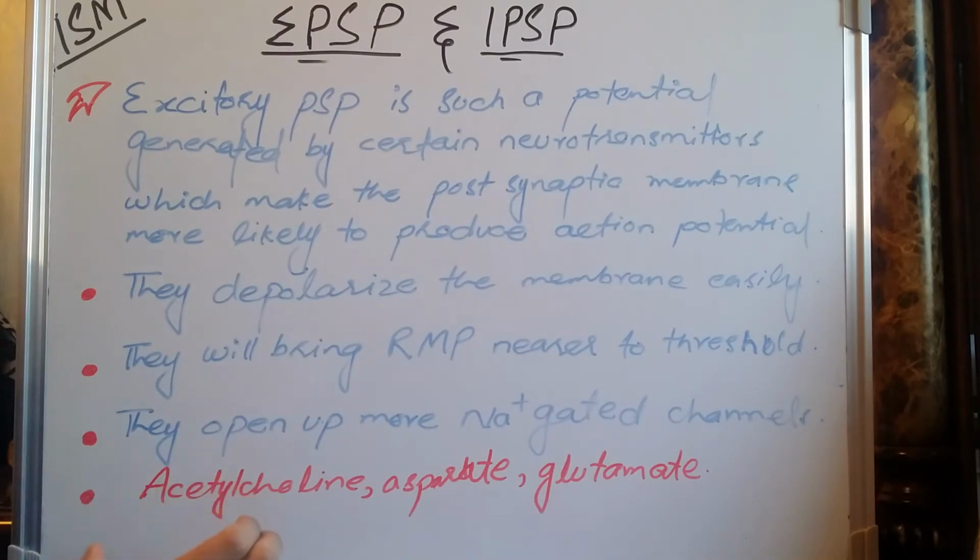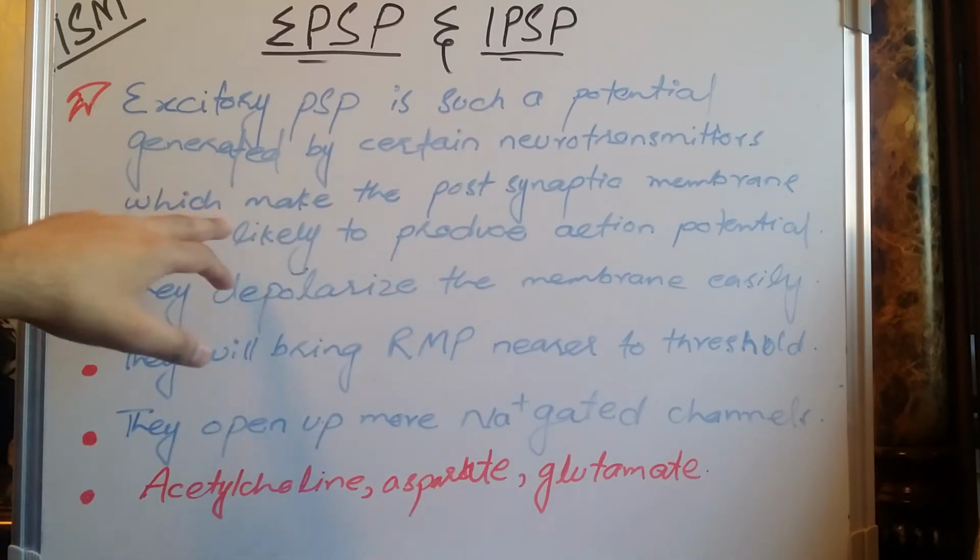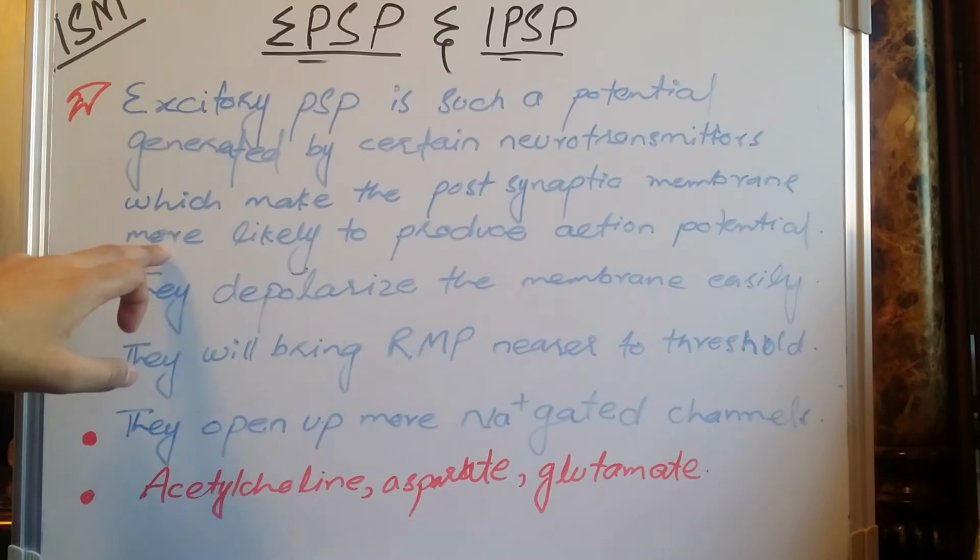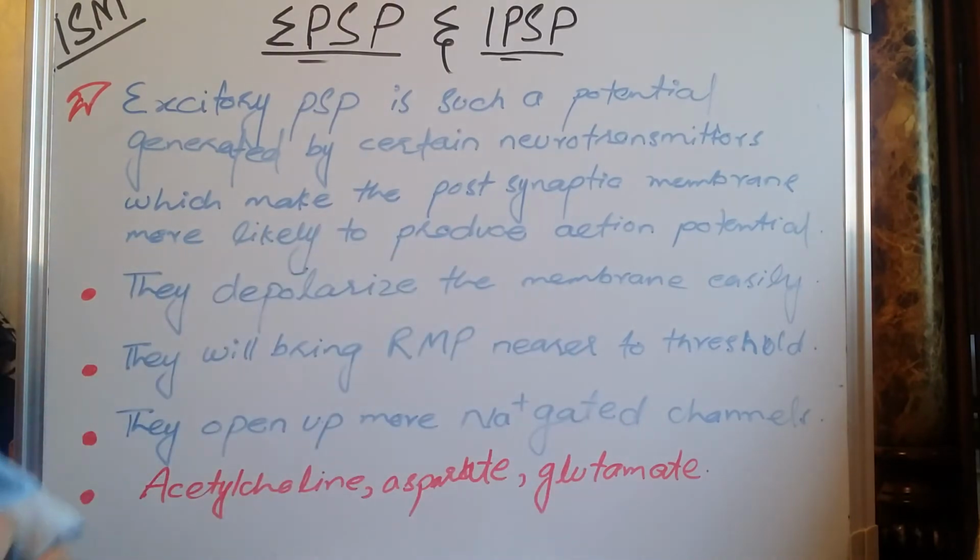These generate an excitatory postsynaptic potential which causes more and more opening of the sodium gates. When more sodium gates open up, the membrane will easily depolarize and generate an action potential. So excitatory postsynaptic potential is a potential generated by certain neurotransmitters which makes the postsynaptic membrane more likely to produce an action potential. So this is about the excitatory postsynaptic potential.